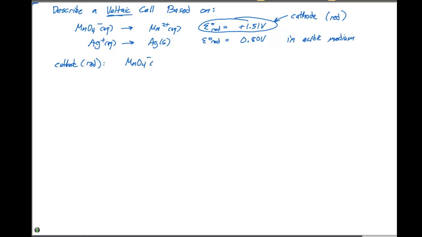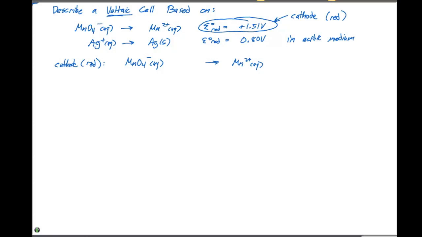MnO4 minus in aqueous solution, giving us Mn2 plus in aqueous solution. And we have to try to figure out how to balance this. Whenever we're balancing out half reactions, we have to balance out all the atoms that make up everything in the reaction, and we also have to balance out the charges.